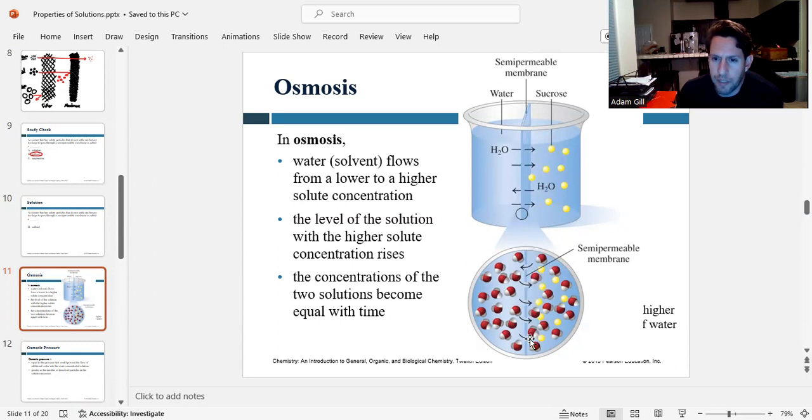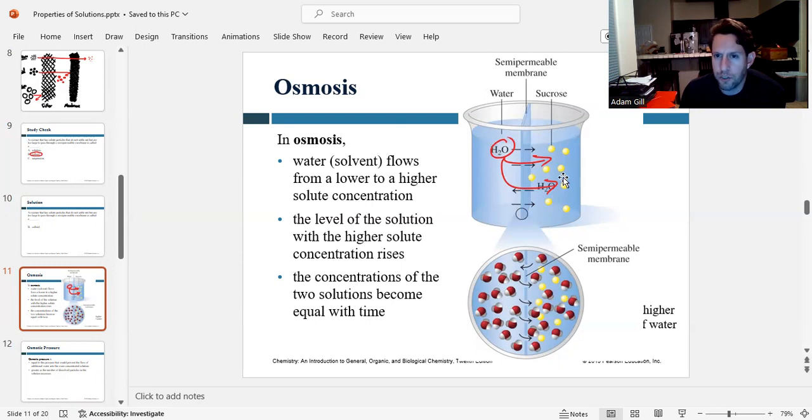And so what'll happen is in order to dilute the solute particles, the water molecules will move across into the side where the solute is. So the water is going to be moving towards the particles. And that's the definition of osmosis, the movement of water across a semi-permeable membrane from a region of low solute concentration to a region of high solute concentration.